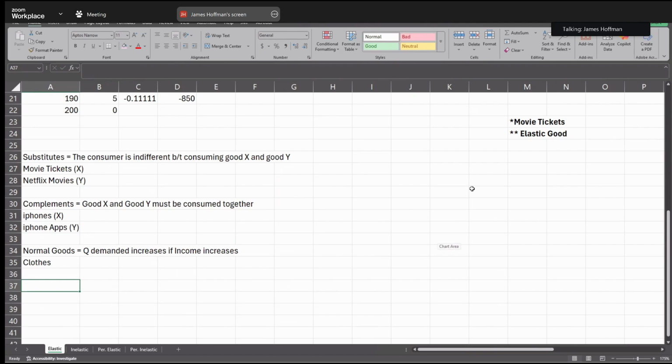Okay, then the other one is a little trickier. Inferior goods. Quantity demanded decreases if income increases, and vice versa.